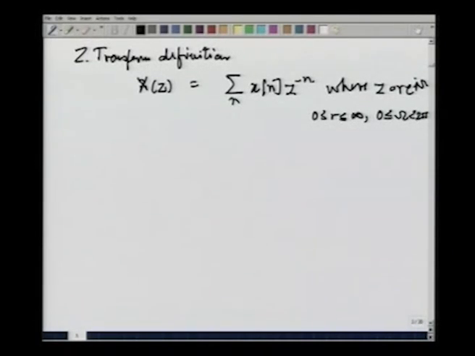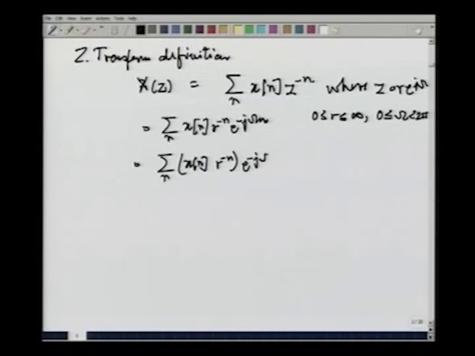Now, we can therefore rewrite it as the summation over all n of x[n] r to the power minus n e to the minus j omega n, which is simply the DTFT of x[n] r to the minus n.